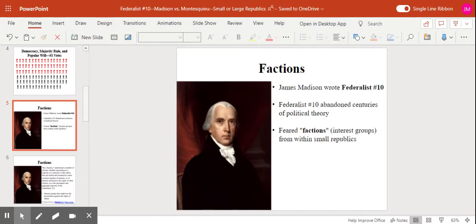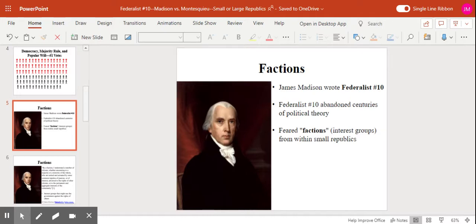So Federalist 10 deals with the problem of factions. And in Federalist 10, James Madison abandons centuries of political theory in that he rejects the idea that a republic ought to be small.